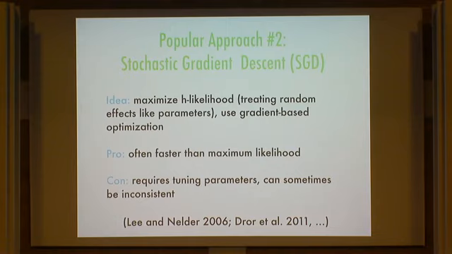This gives you something called an H-likelihood, and then you maximize that using stochastic gradient descent. The advantage of this is it's often much faster than maximum likelihood. The disadvantage is that there are typically some tuning parameters involved, so you need to do some sort of regularization. And if the number of parameters is comparable to the number of data points, this will sometimes be inconsistent, where integrating over the betas would not be inconsistent.